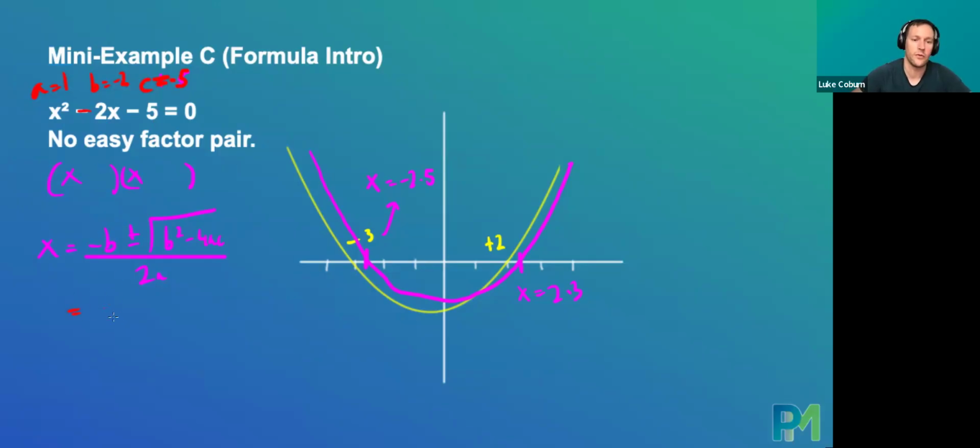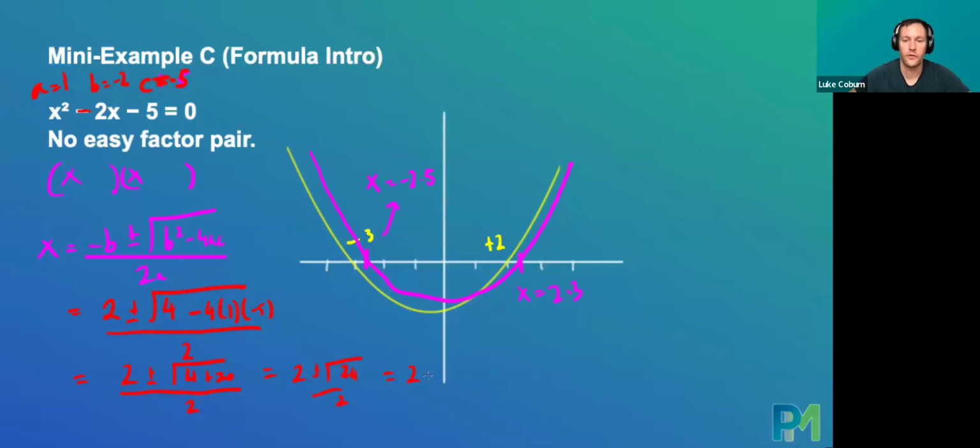So it's 2 plus or minus the square root of b squared, which is 4, -4 times 1 times -5. So this is all over 2. So this becomes 2 plus or minus the square root of 4 plus 20 all over 2. So this becomes 2 plus or minus the square root of 24 all over 2.